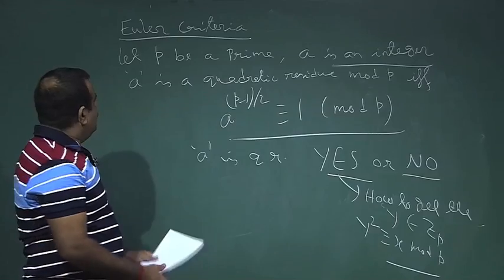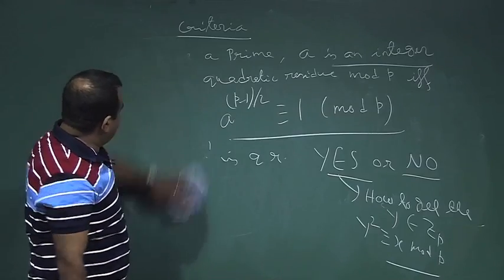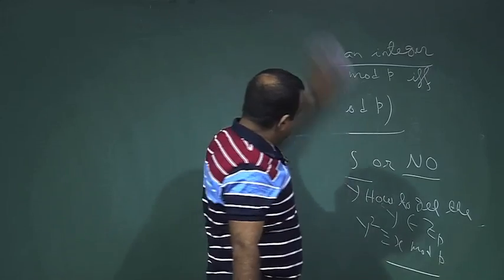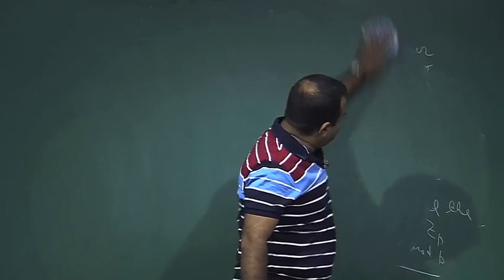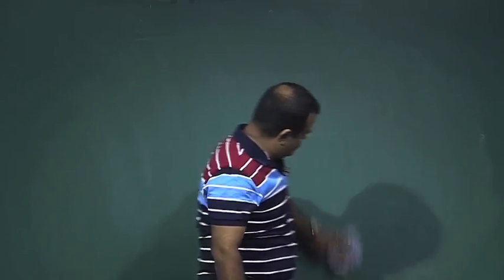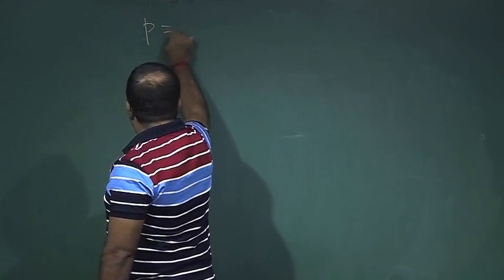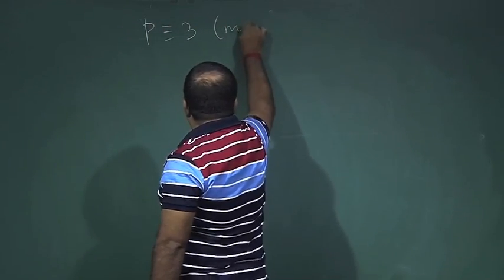That is another question that we require for our Rabin cryptosystem. In general it is hard, but if p is of the form 3 mod 4.